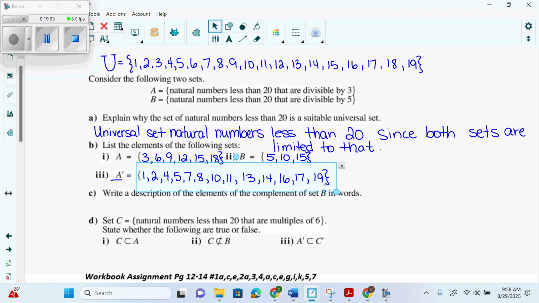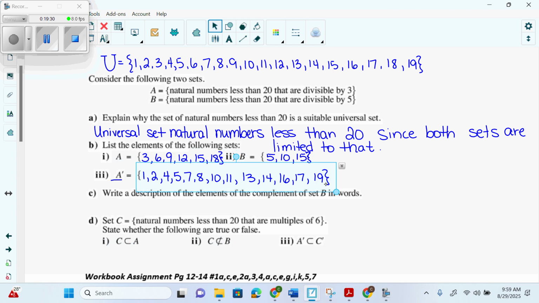Then here it says, write a description, so in words, of the elements of the complement of set B. So B says natural numbers less than 20 that are divisible by 5. What would the complement be? The natural numbers less than 20 that are, what would be the opposite of divisible by 5? That are not divisible by 5. That's it.